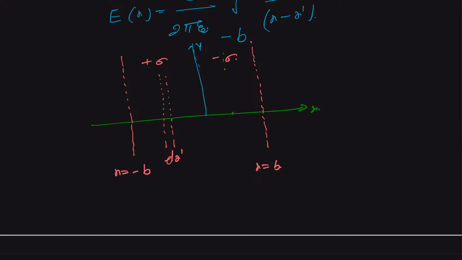So this is at x. Therefore we can say that the distance between these two will be x minus x prime.